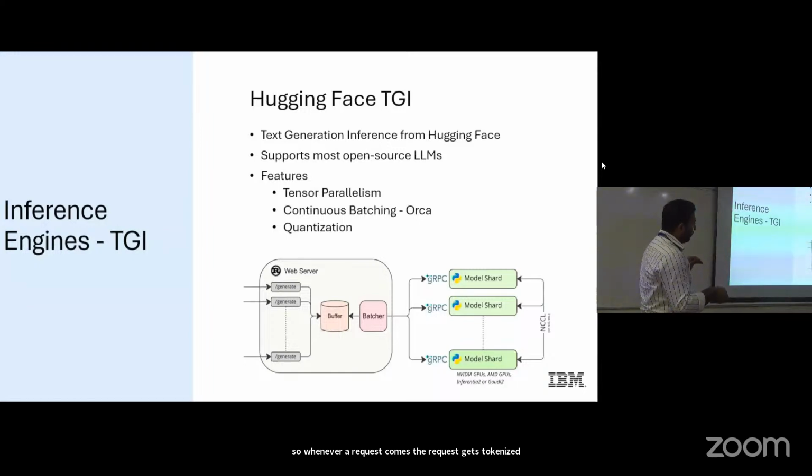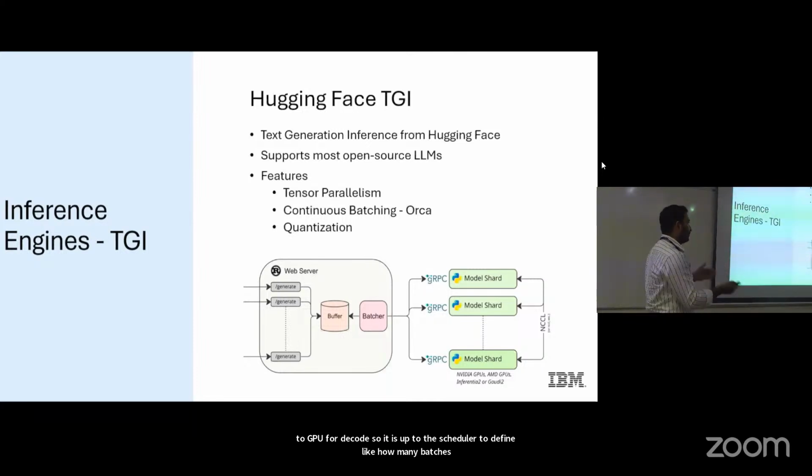And it is the job of the scheduler, it's also called the batcher, to pull some requests from the buffer and send them to the GPU for decode. So it is up to the scheduler to decide how many batches will fit into the GPU for inference.